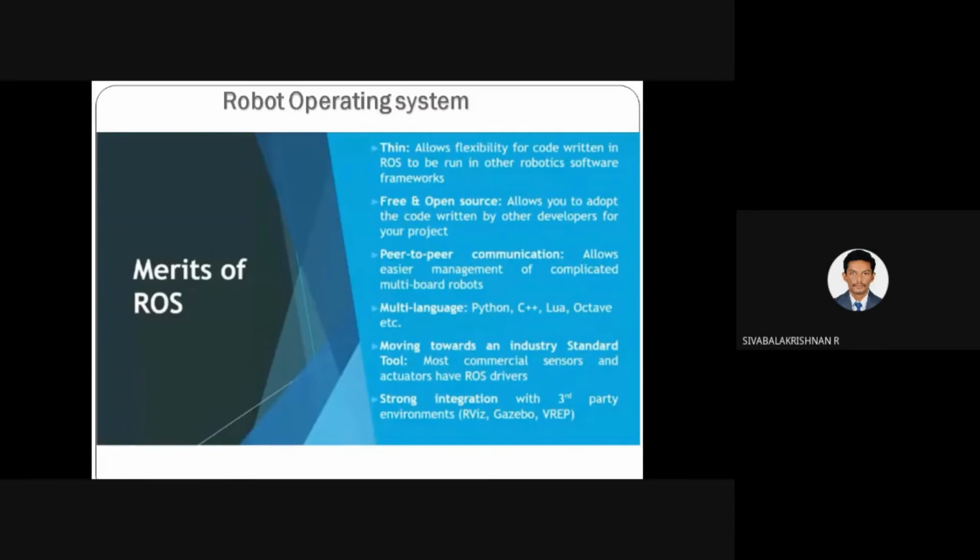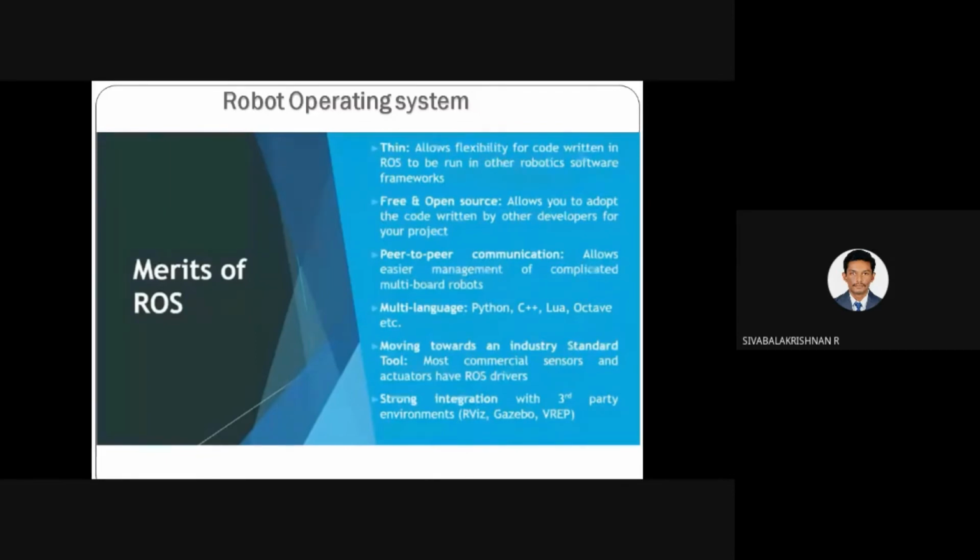There are certain dependencies, packages available. In ROS terms, we say dependency; in general programming languages, we use libraries. Here we don't say libraries in robot operating system, we say dependencies. By using dependencies and packages, you can write a ROS application.